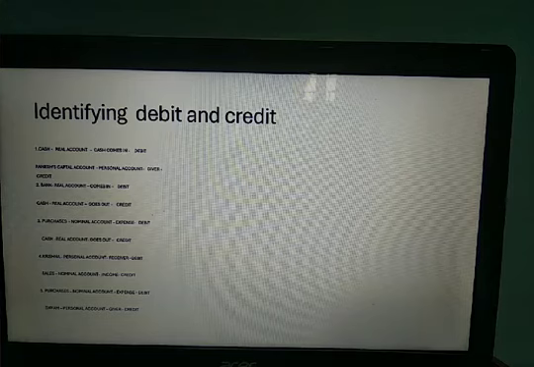Whatever transactions there are, they are restricted within these three heads only. Another important thing, both the debit and credit sides may not be the same type of account, they may be different. Then the golden rules apply. Real account: what comes in, what goes out. Personal account: receiver, giver. And nominal account: expense, loss, income and gains. So these are the concepts, and you have to identify them.